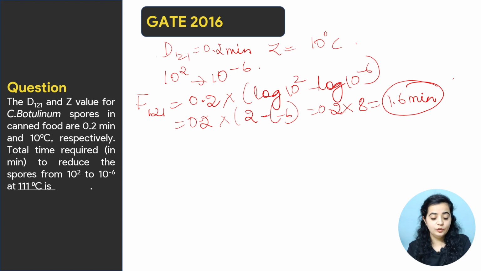Now we need to find the F value at 111 for the same reduction. So keeping in mind the formula that we just discussed, let us put in the values.